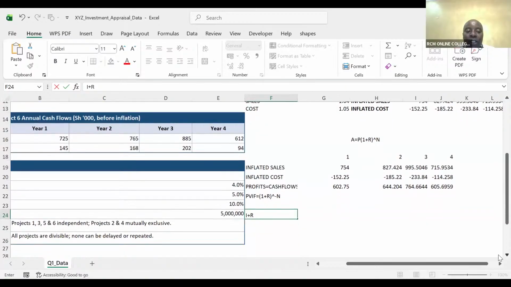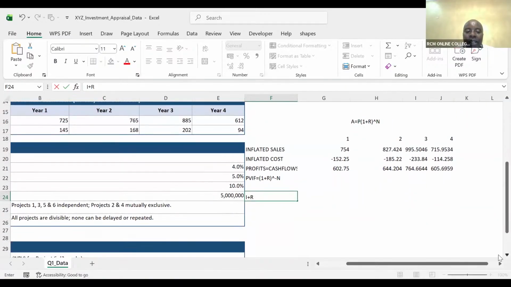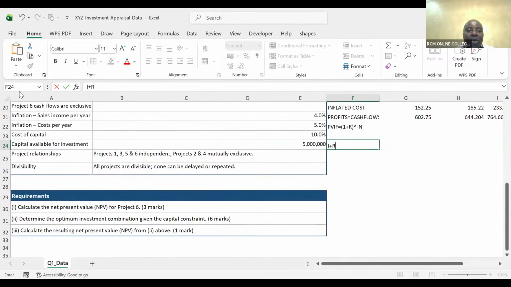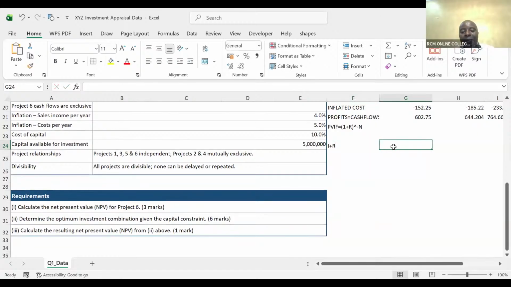They told us somewhere, there is a place they told us. The cost of capital is 10% here. So you see that is 1 plus 10%. So this is 1.1. You can just do it separately and write it as 1.1 like that.